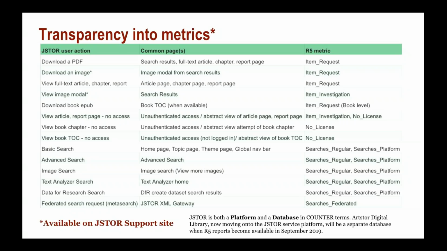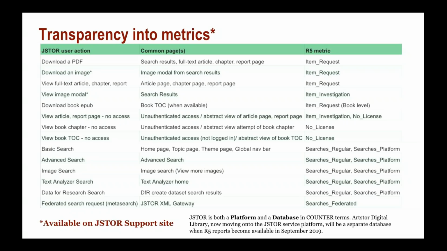One of the things I want to note, you heard Lorraine talk a little bit about the platform and database definitions in terms of what they mean in Counter. JSTOR, as it is now, is considered both a database and a platform, which is why you see things like basic search, advanced search, our image search count as both a platform search metric and a database search metric.